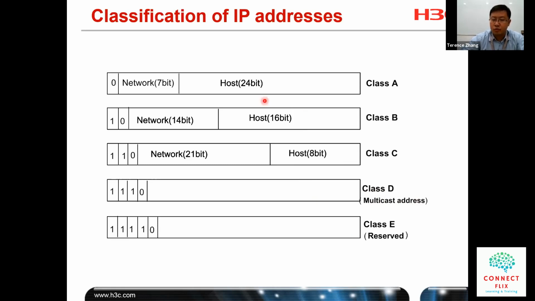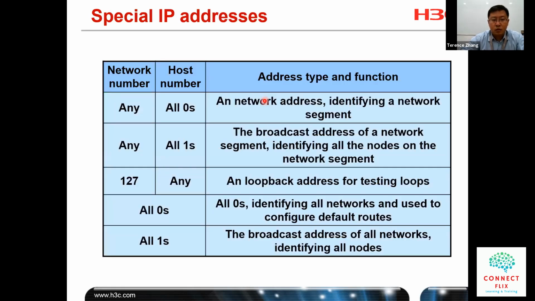So this is the classification of the former IP addresses in the public network. There are also some special addresses, usually with all 0s and all 1s for the network number or host number.